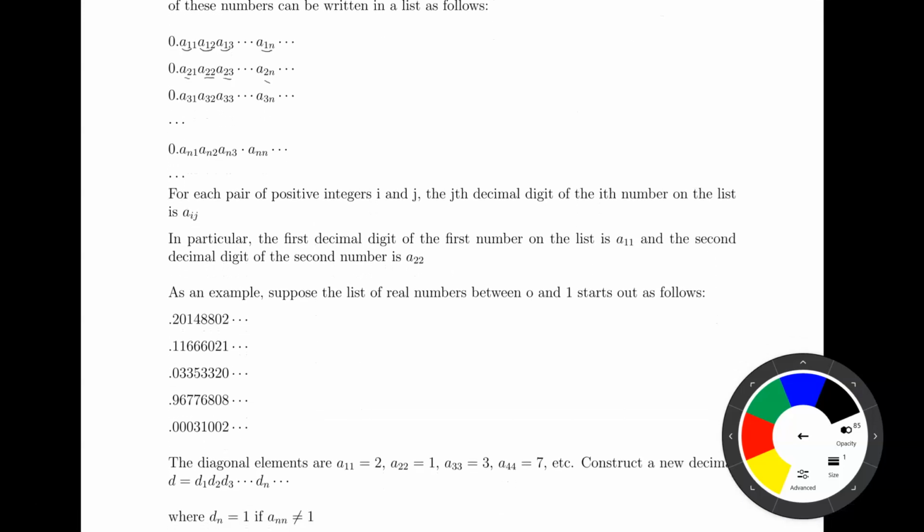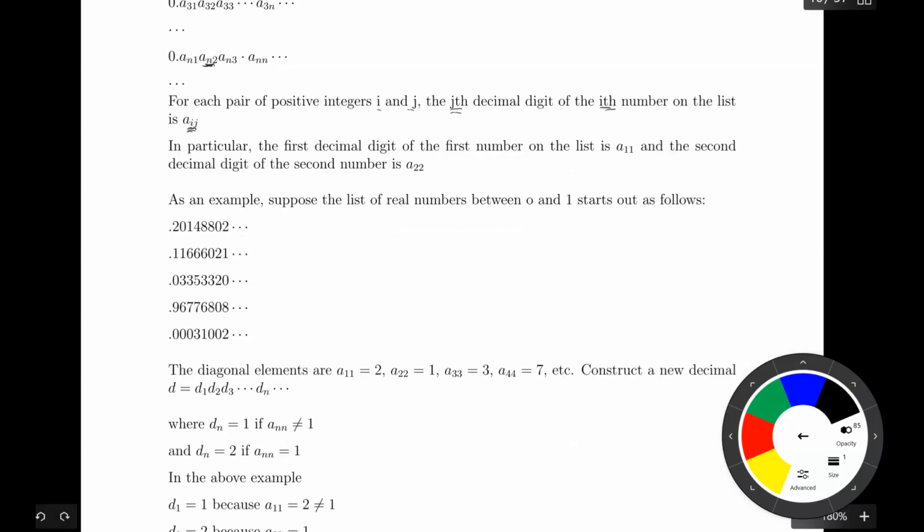So for each pair of i and j, the jth digit of the ith number, that means a sub ij. So a sub n2 means nth row, moving into the second term. Okay, so here would be a list of the different decimals.